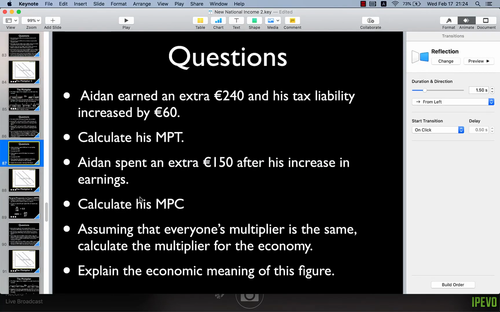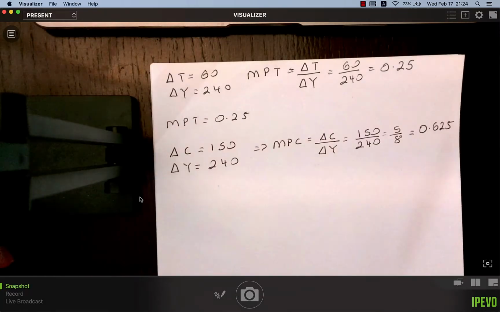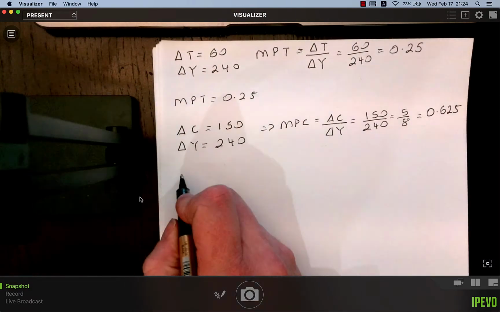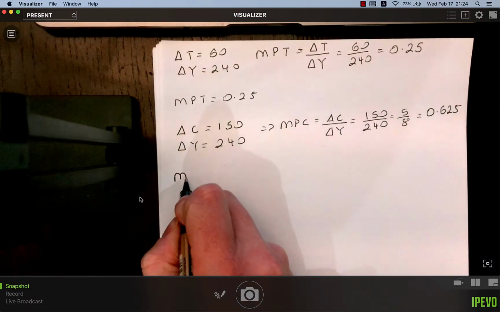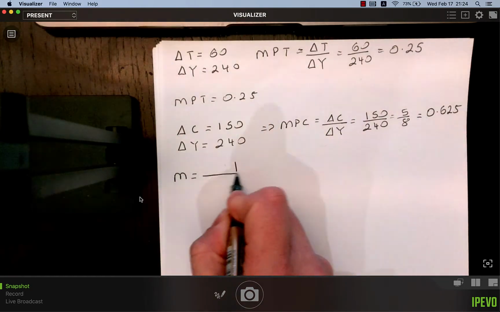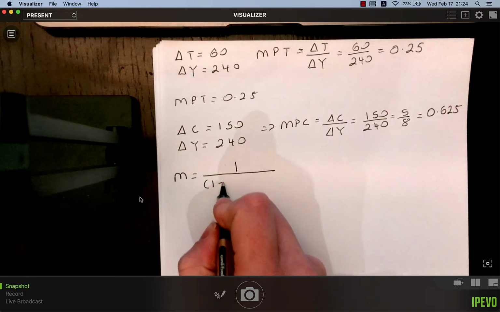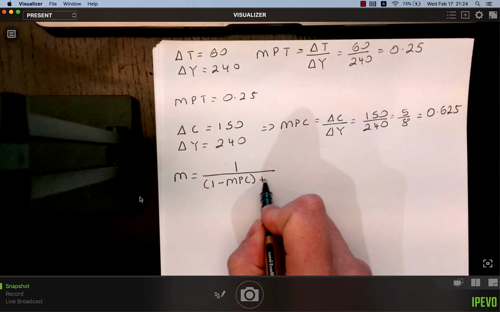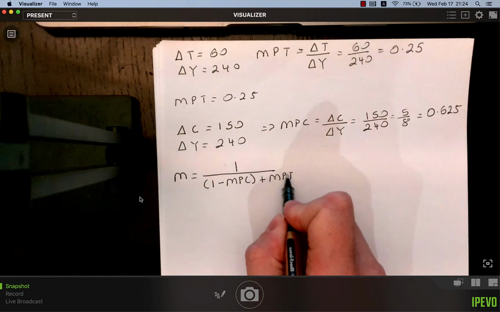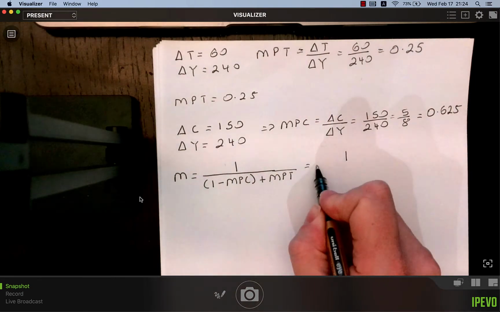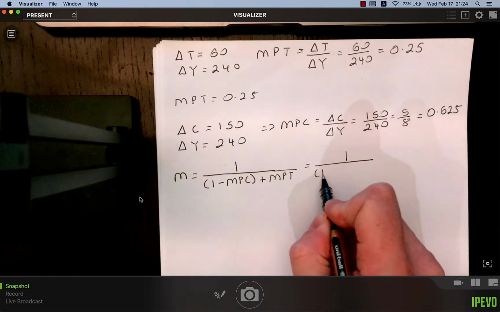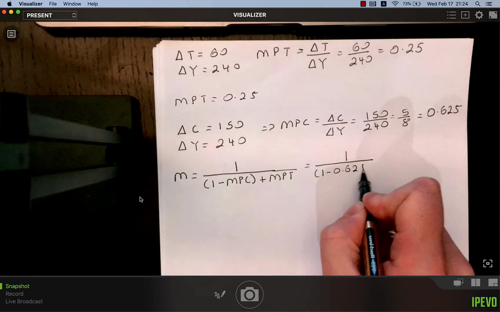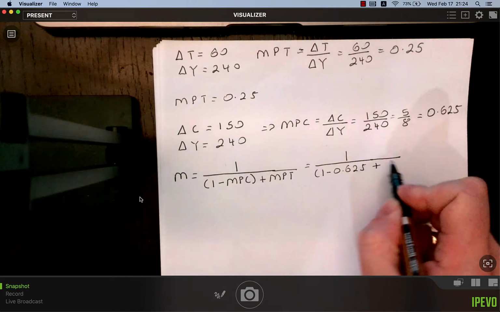Back to the question. Assuming everyone's multiplier is the same, calculate the multiplier for the economy. No problem, because no matter how ugly these numbers look, we know how to calculate the multiplier. So it's 1 over 1 minus the MPC, again this is the MPS, plus the MPT, equals 1 over 1 minus 0.625 plus 0.25.